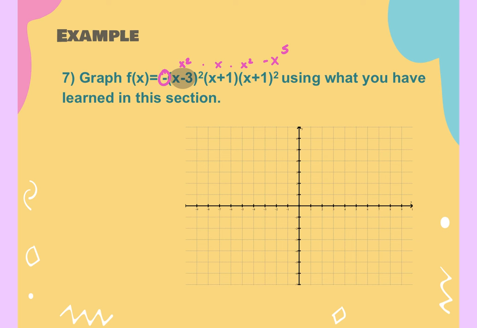Again, I'm not figuring out any of the other parts because I don't need to. That would be counterproductive. I just need to know what the leading coefficient would be and what the degree would be. So because it's a negative x to the fifth, what's happening to my arrows? Rises left, falls right.